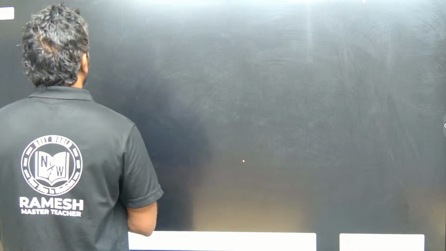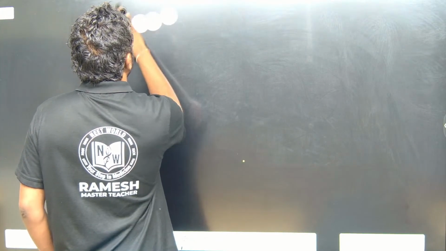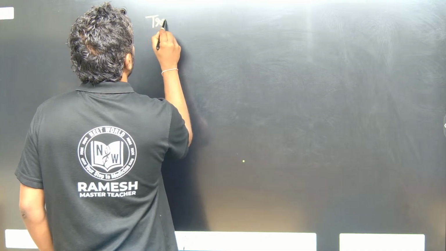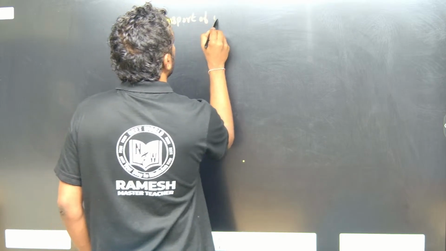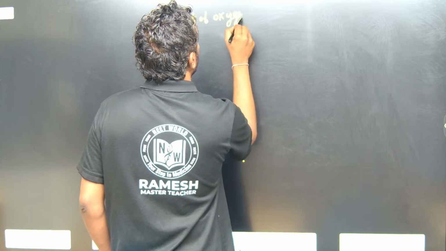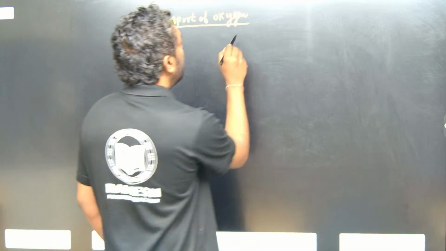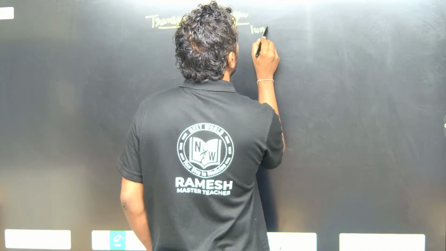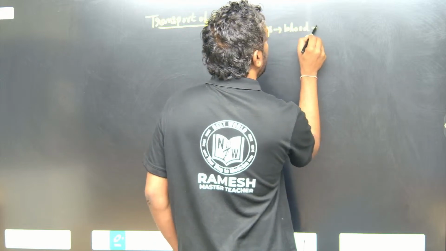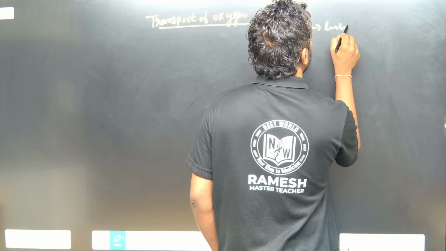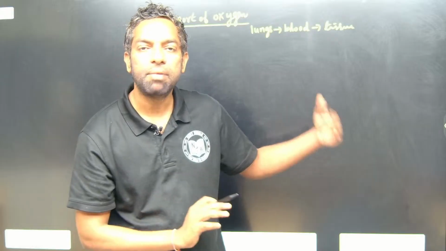Guys, transport of oxygen: from where? From the lungs to the blood, and from the blood to the tissue.